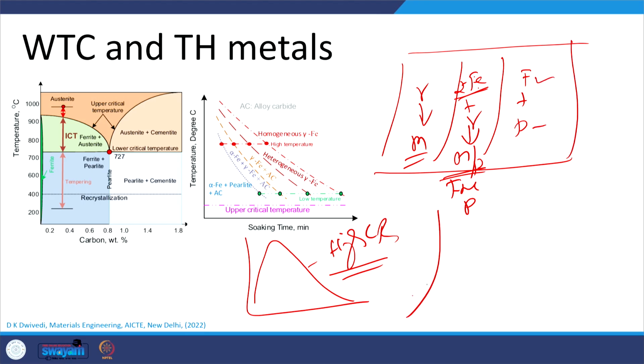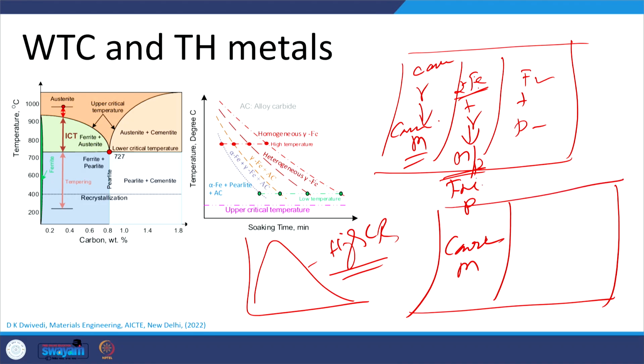So, what we are going to have is that the coarse austenite will transform into coarse martensite. Initially we get the coarse martensite next to the fusion boundary, then we get very fine pearlite or ferrite or martensite. So, a fine pearlitic, martensitic or ferritic structure is attained.